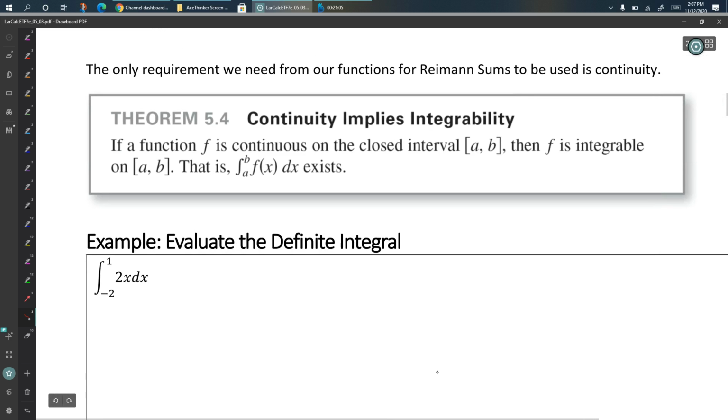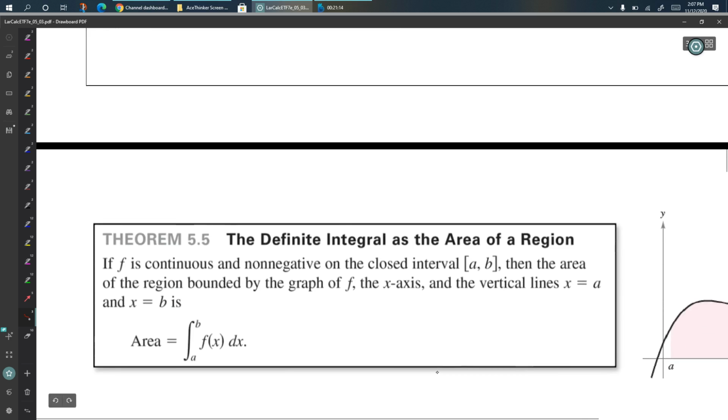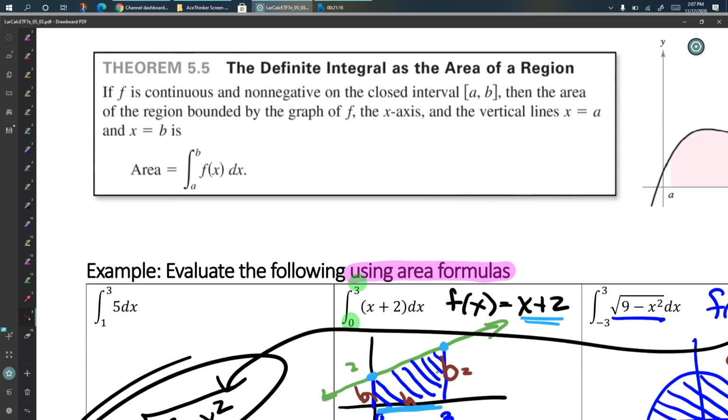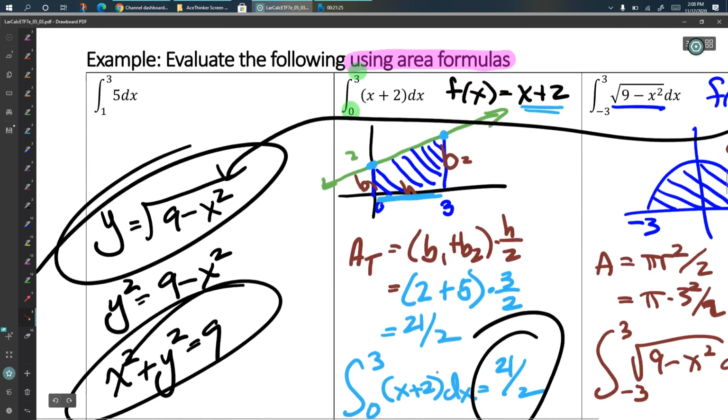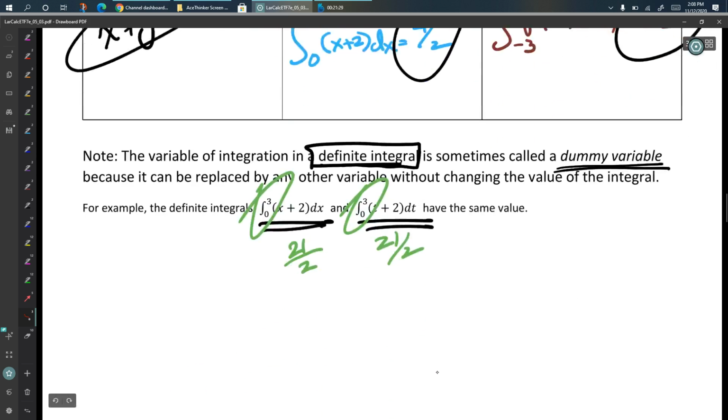We got rid of the need for positive functions, and we said all it has to do is be continuous. And then we found a bunch of integral values. Okay. We said if you're not negative, then the value of the definite integral is the area that we were finding in section 5.2. Did some examples where geometry worked. Okay.